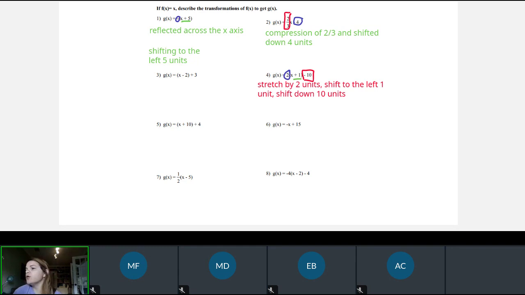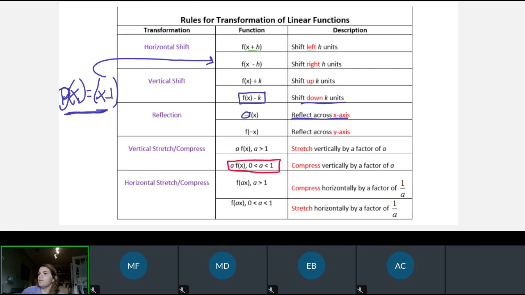Okay, I want to do one more on this page. Let's do number 8. So the first thing I notice is this little negative sign. If I go back to my rules, the negative sign outside of the parentheses, it's not -x inside the parentheses, it's a negative outside.